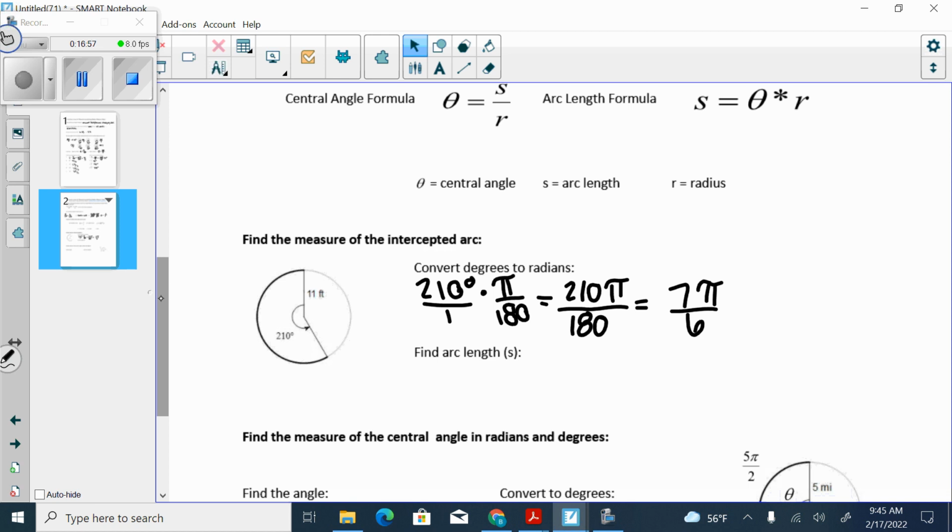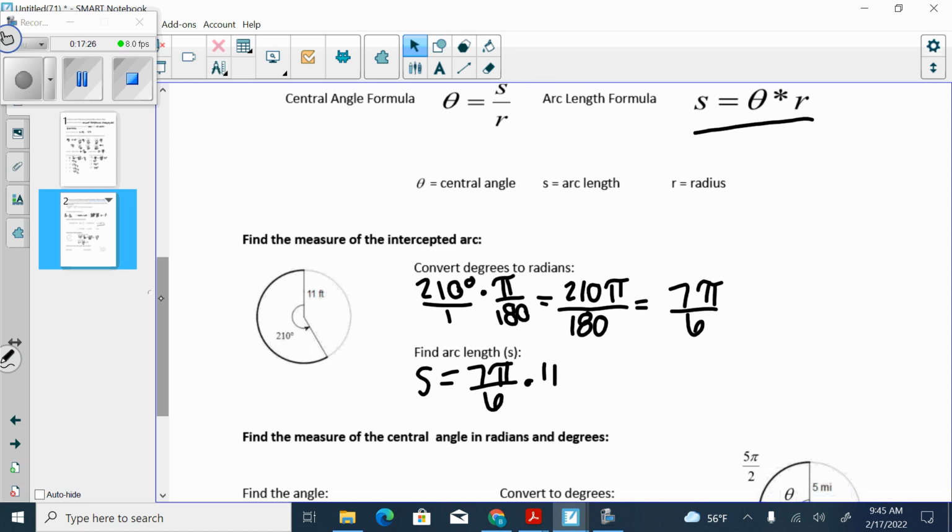Now they want us to find arc length. So that would be this formula here. We're looking for arc length, which is represented by S, and that would be equal to theta. Well, we just figured out in radians that this is our theta. So we would have 7 pi over 6 times R. Do we know our R?